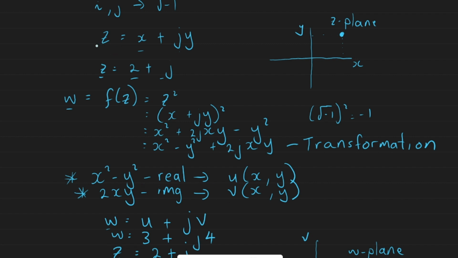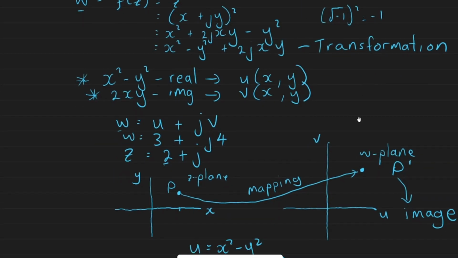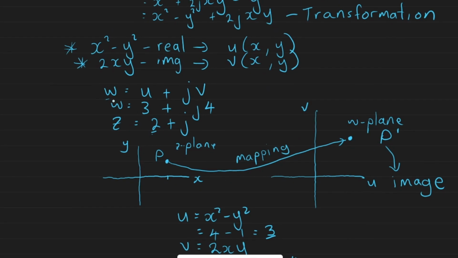And then we used the definition of z, and we created an expression for the function of z in terms of x and y. We then lumped these expressions into a real part and an imaginary part. So we said this transformation equation w now consists of a real part u and an imaginary part v. And we simply showed that we can take a simple example, complex value of z, and how we project that into the new plane. And going from the z plane to the w plane is a mapping.